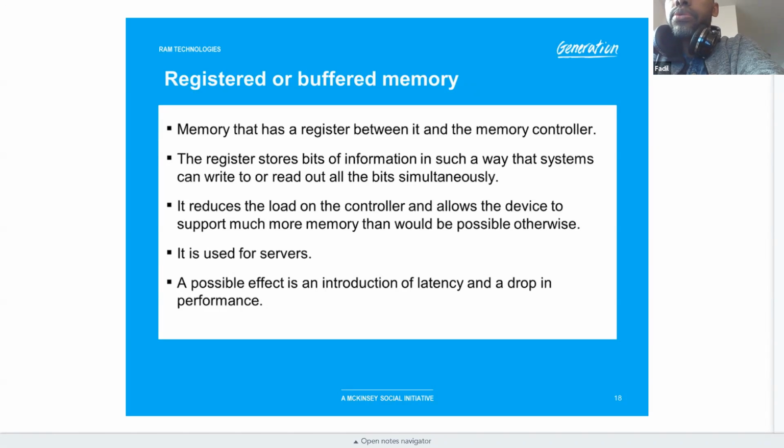The register stores bits of information in such a way that systems can write or read out all the bits simultaneously. It reduces the load on controller and allows the device to support much more memory than would be possible otherwise. It is used for servers. A possible effect is an introduction of latency and a drop in performance.